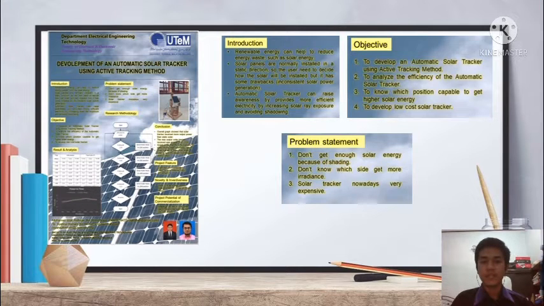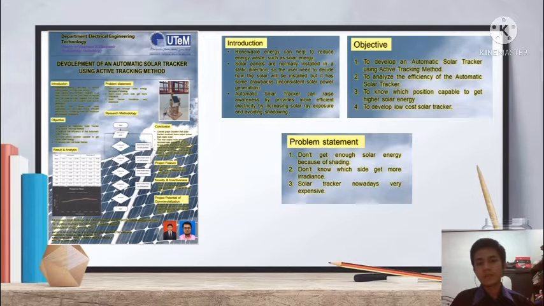So they need to decide how the solar panel will be installed, and think about the best position to face the sun. But this method has some disadvantages, which is inconsistent solar power generation.